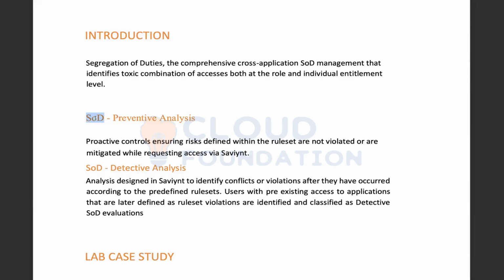Let's say I am doing an integration between Salesforce and Linux, and I am developing code for that. When I am developing that code, my manager approved my request to be the Linux administrator. And he also approved my request for access to Salesforce, where I got a development role. My manager approved both of them.